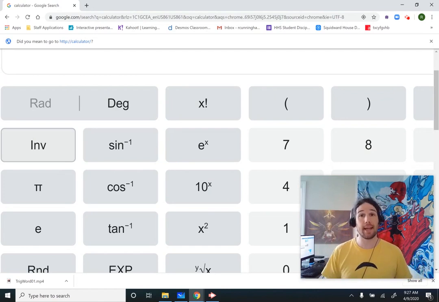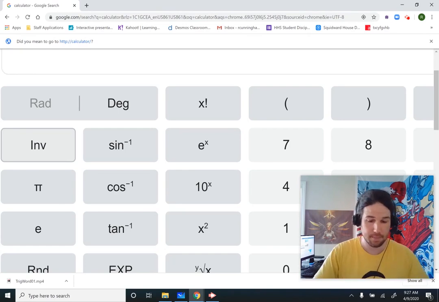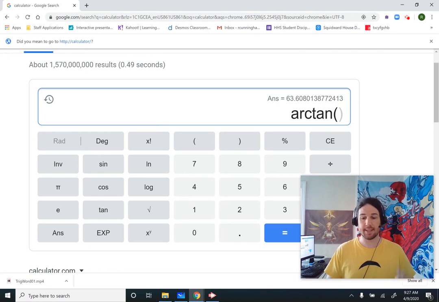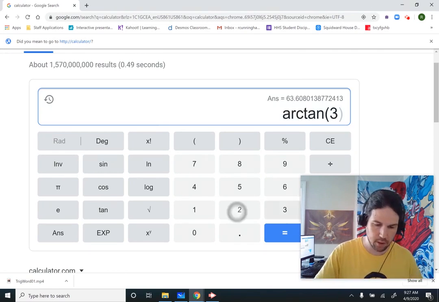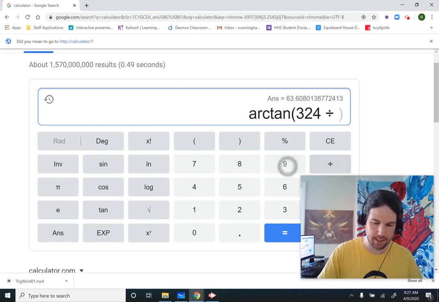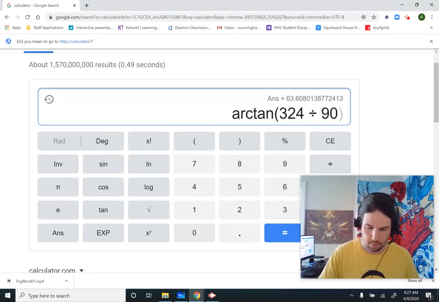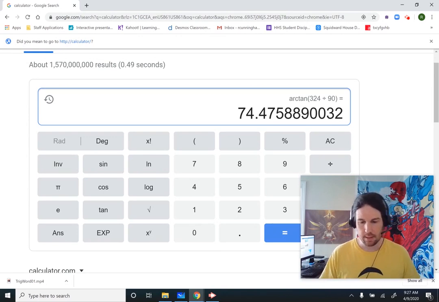That is a shorthand for arcsine, arccosine, and arctangent. And you'll notice when I hit the tangent -1 button, it says arctan. And I believe it was 324 divided by 90. Remember, over means divided by. And that equals 74.48 degrees.